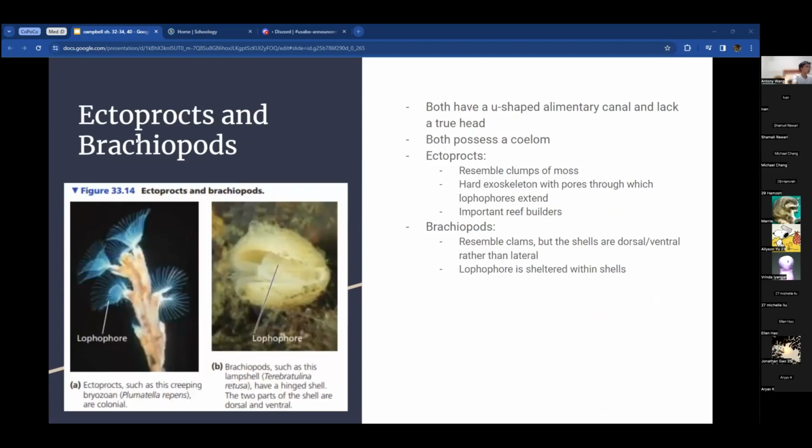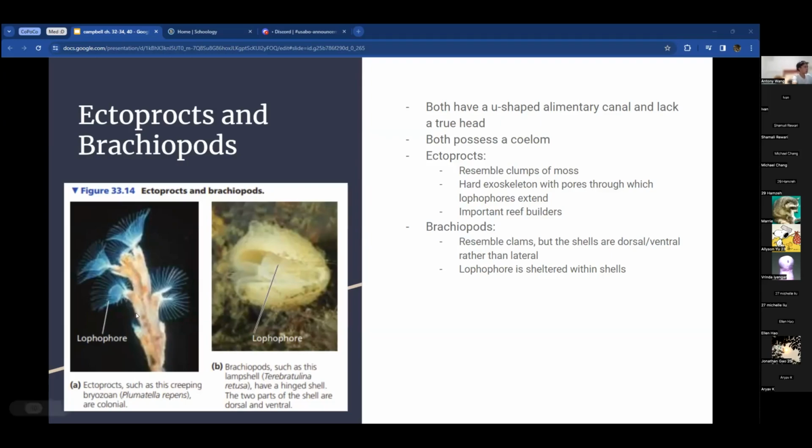Ectoprocts and brachiopods. These two probably aren't that important. They both possess the coelom. Ectoprocts resemble moths. They have a hard exoskeleton with pores through which, remember, lophophores, the ciliated crowns that help in feeding, extend.